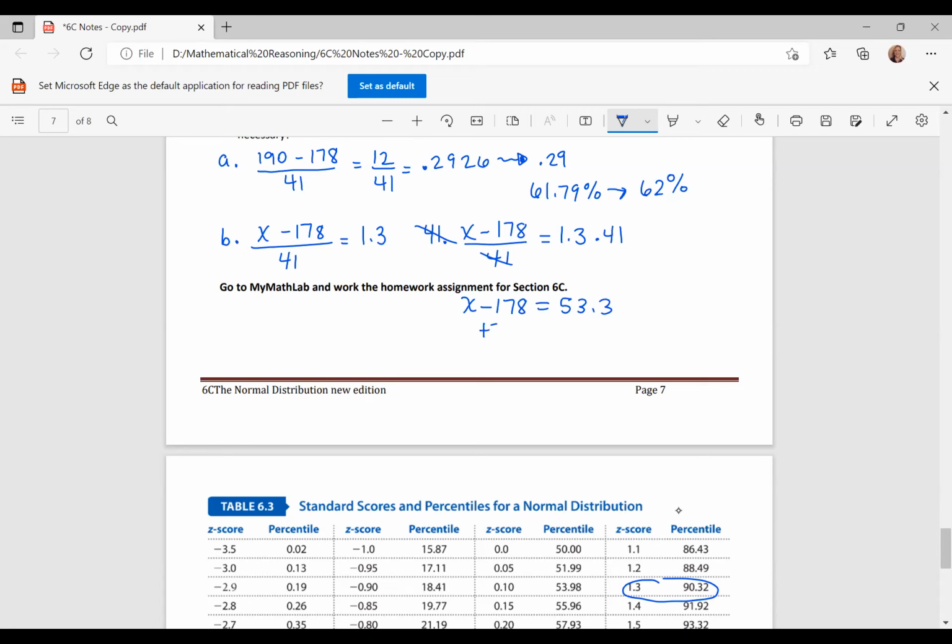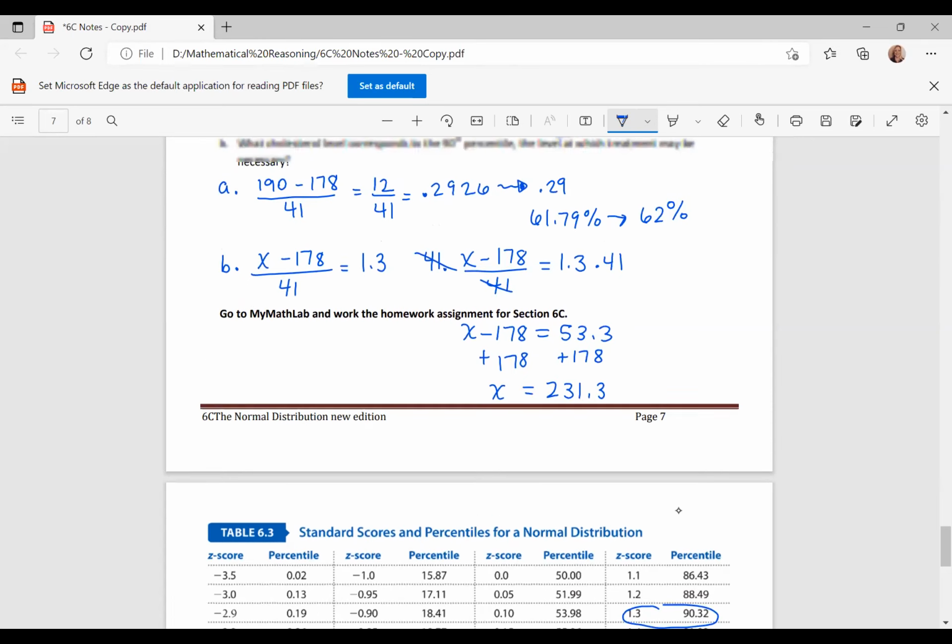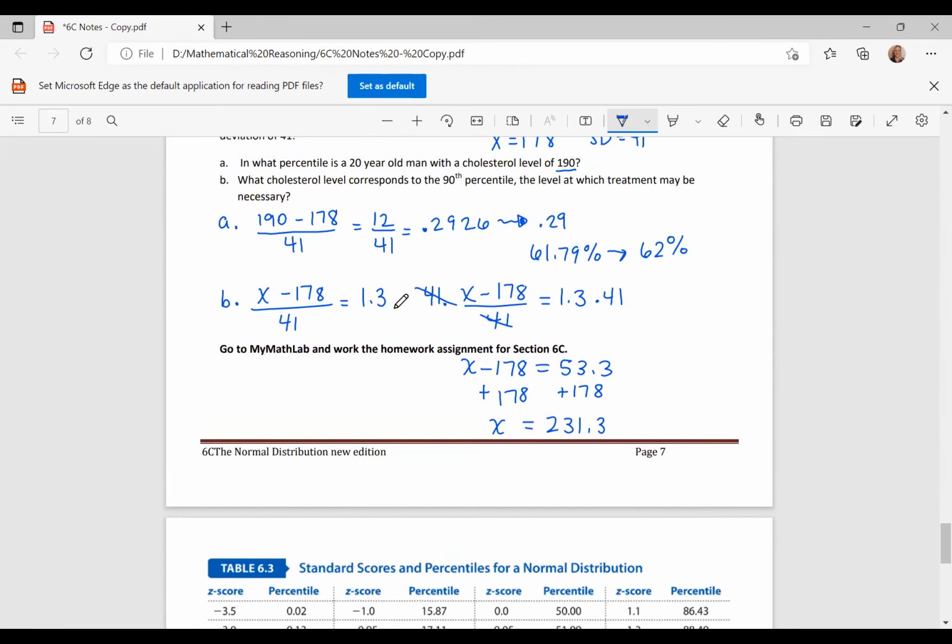So we're going to add 178 to both sides of our equal sign. 53.3 plus 178 is 231.3. And that is what cholesterol score you would have that's going to correspond to the 90th percentile, 231.3.